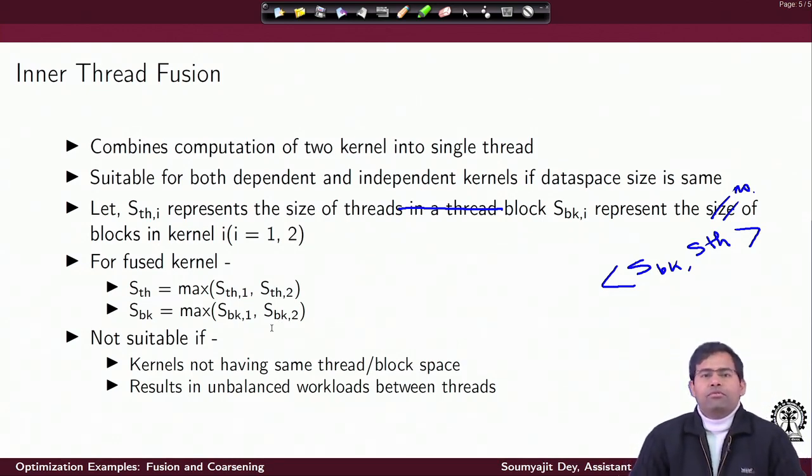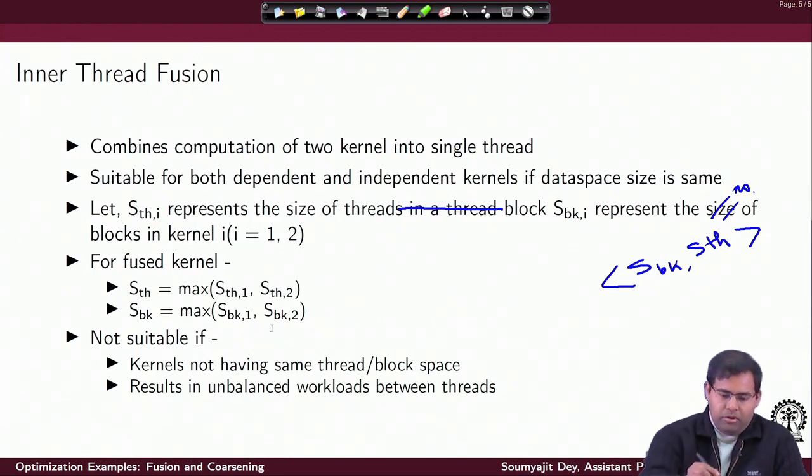Because when I am fusing two different kernels, they may be considering different data space sizes, or different ways in which the threads are arranged in the data space, although maybe the data space size is the same. So, when I write the fused kernel, I have to choose STH, the thread block size, and SBK, the number of blocks.